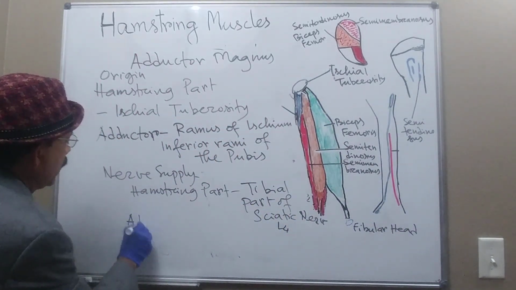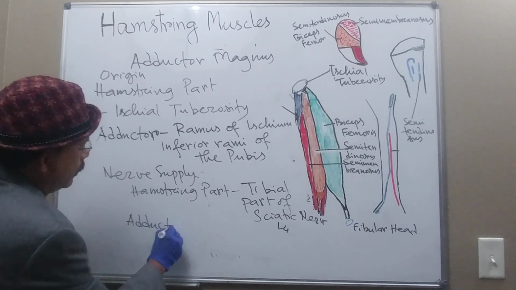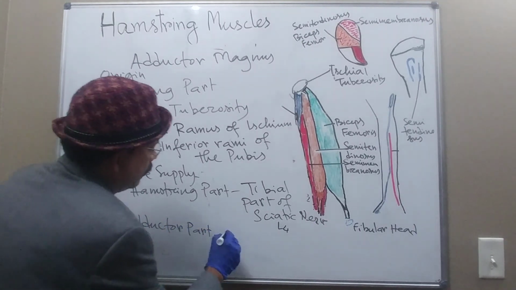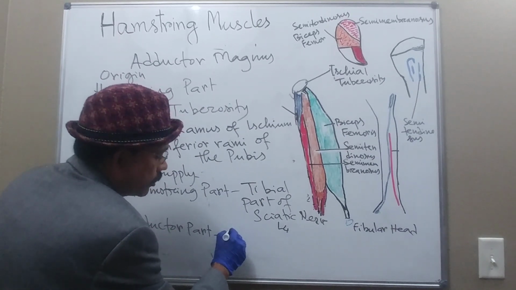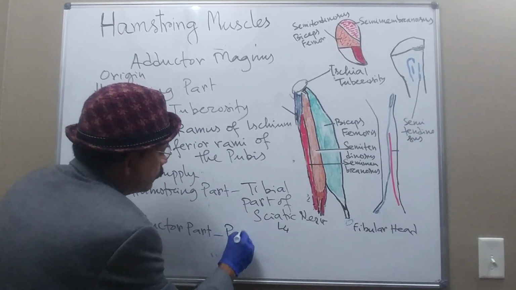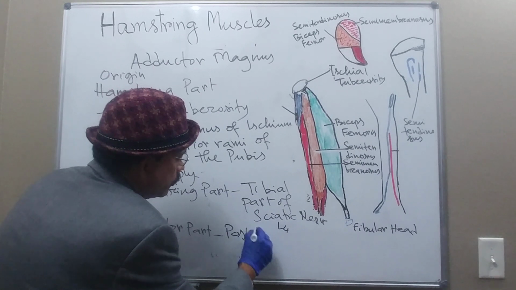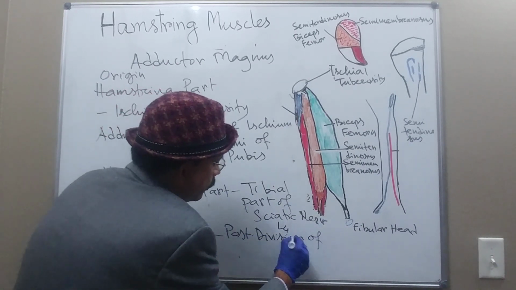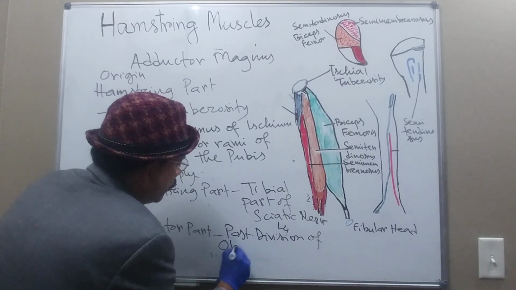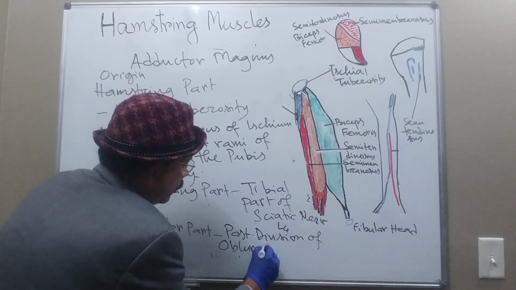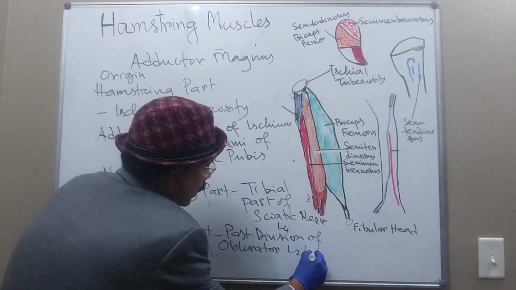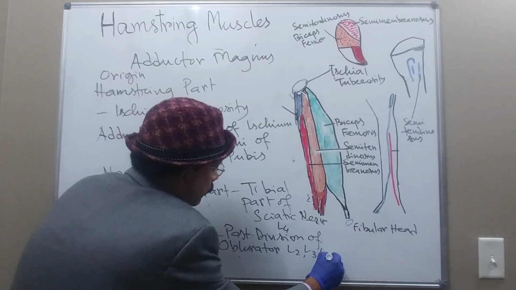Another part is the adductor part. The adductor part is supplied by the posterior division of the obturator nerve, and its root value is L2, L3, L4.